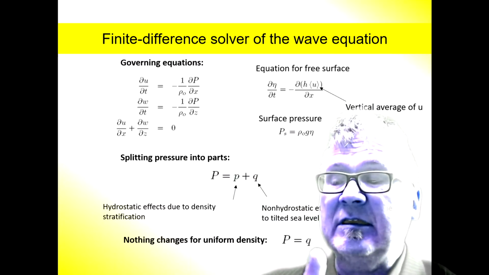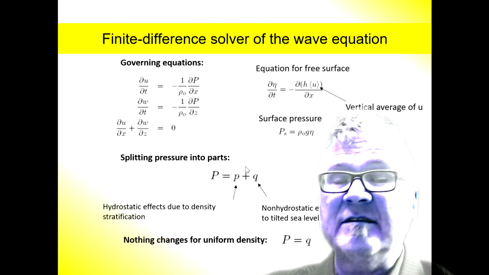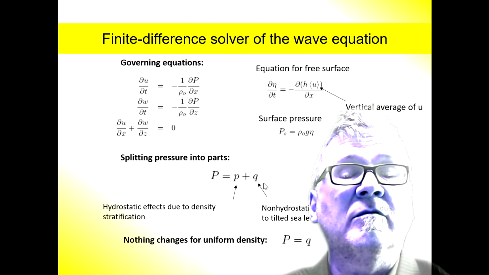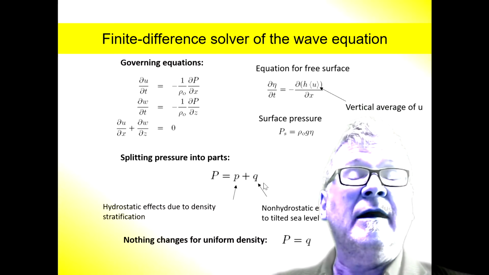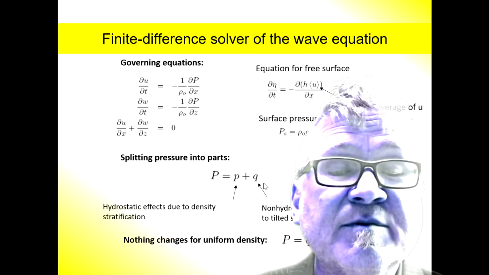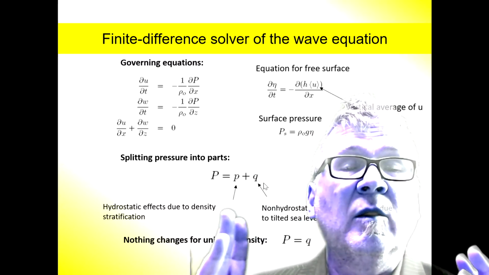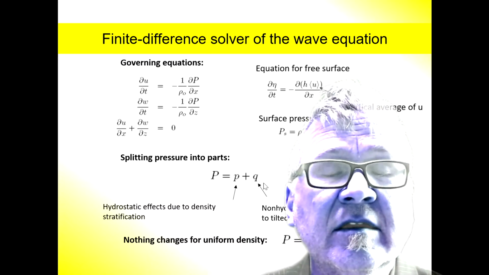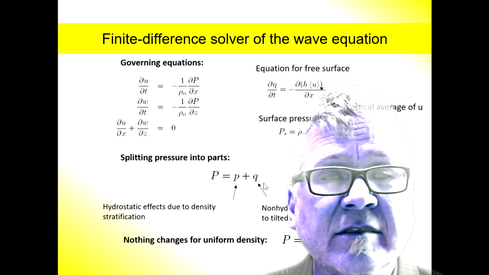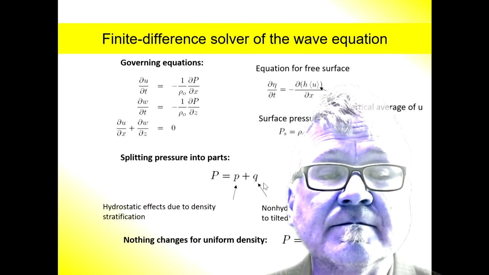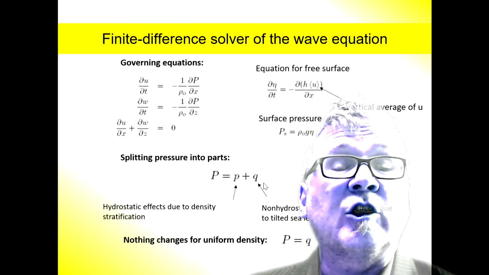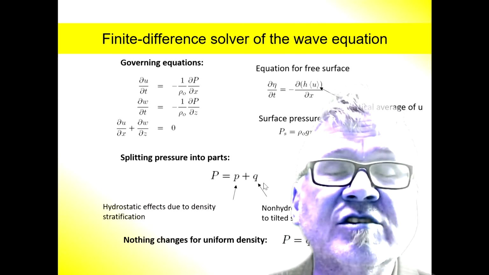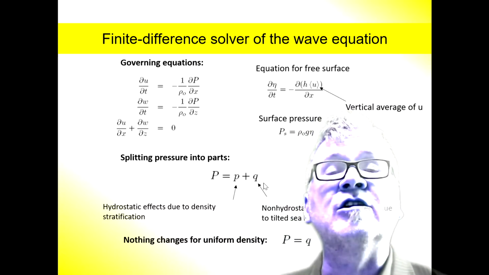I split pressure into two parts, a lowercase p, and later on the lowercase p will be associated with density stratification, density. And the Q in this equation is to do with all other effects and also effects due to sloping sea surface.